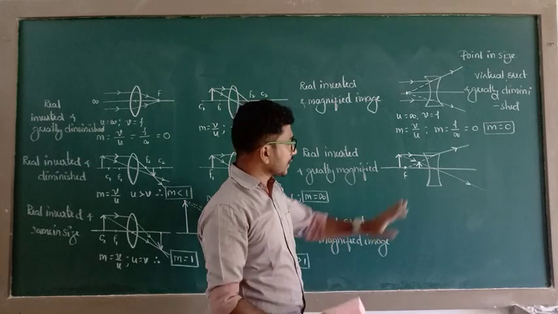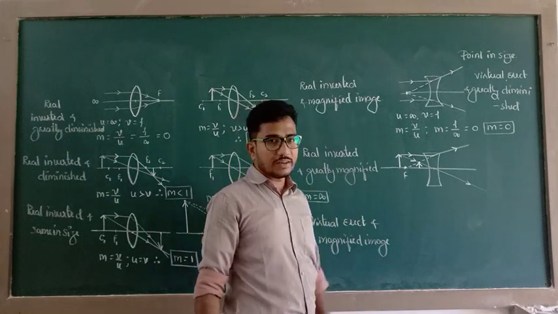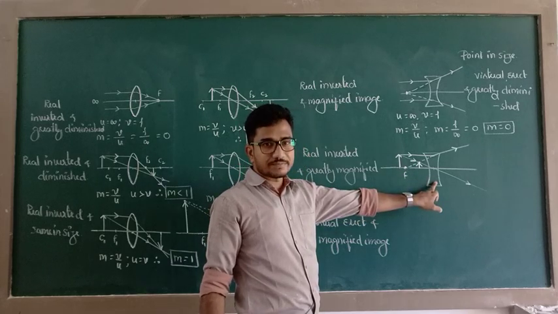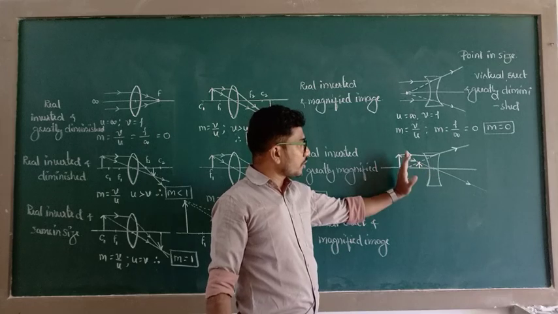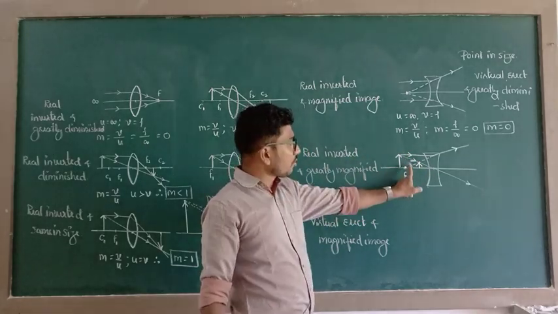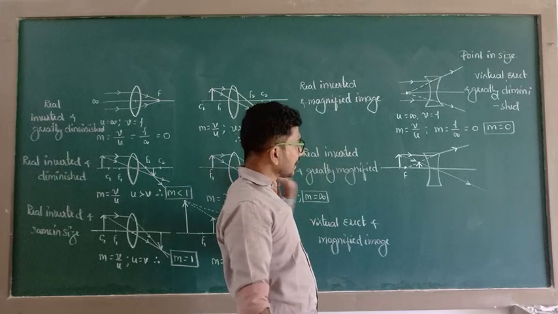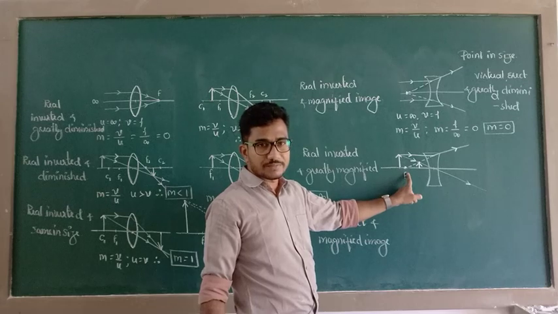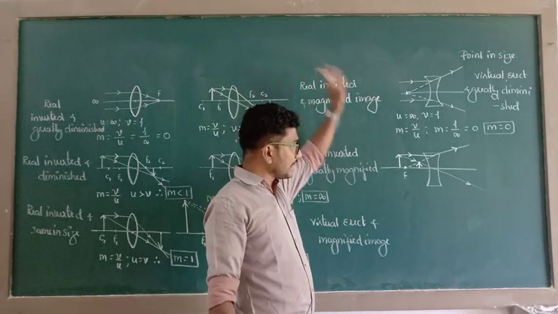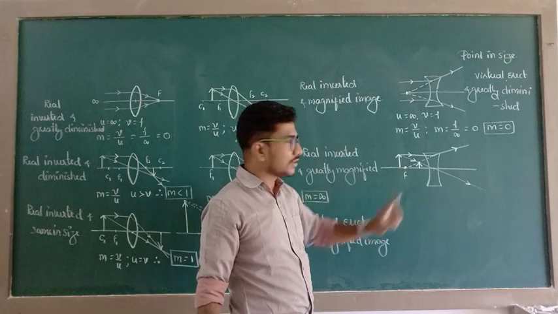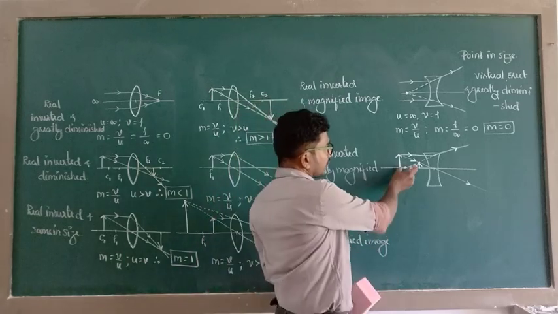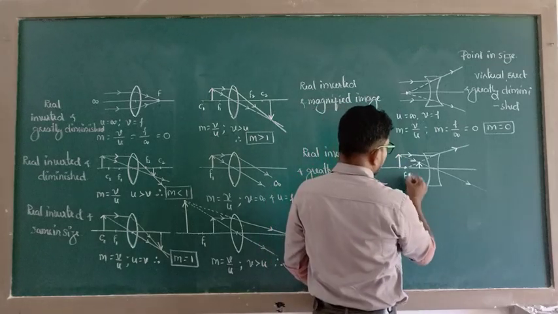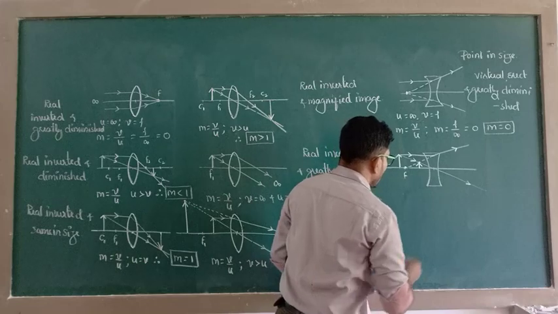If the object is placed anywhere between infinity and optical center, then its image lies between principal focus and optical center. When this object moves away from the optical center, this diminished image moves towards the principal focus. When the object lies at infinity, then this image lies at the principal focus. Again, this image is due to a divergent beam of light. So here v is less than u.